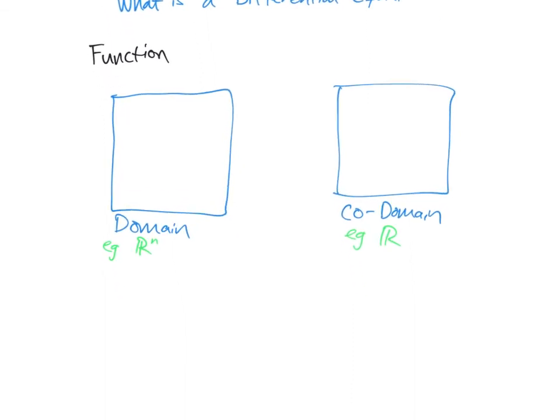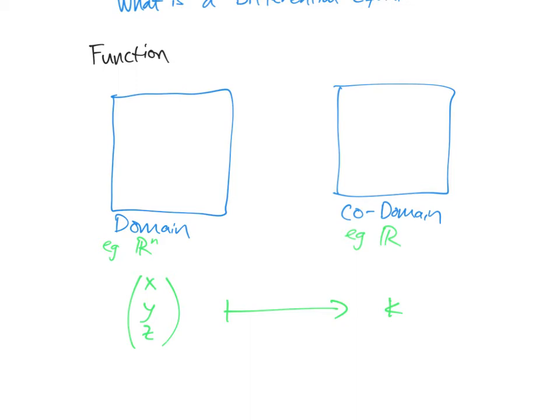So you might start off with some x, y, and z, some vector of numbers, and this maps over to some number k. So usually when we think of functions, we think of it in terms of the actual description of how you do that mapping.